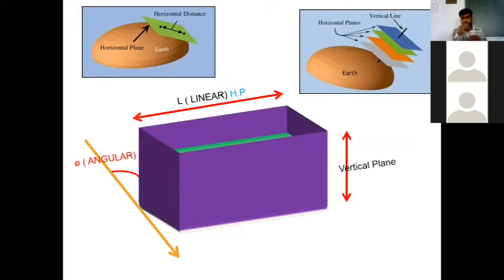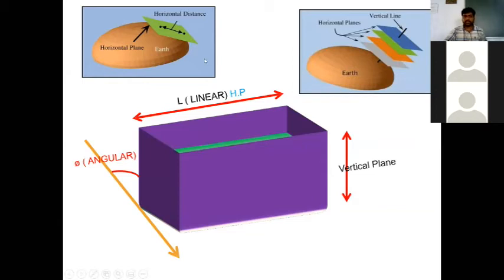Next, the relative position of an object or the relative position of a point, how are you going to determine this? So by taking these 3 measurements, you can determine the relative position of a point, or you can say object. So what are those 3 points?